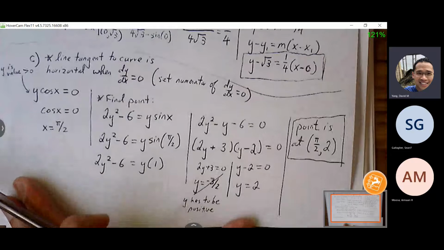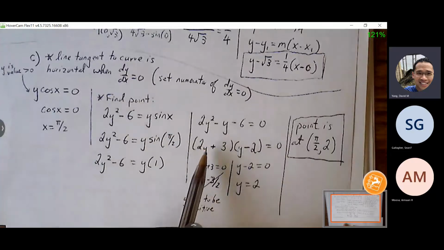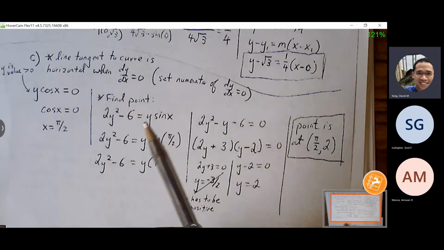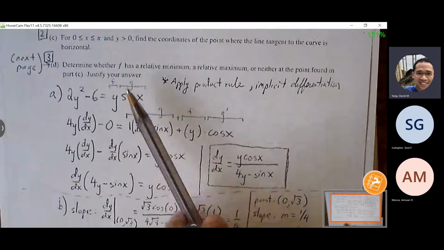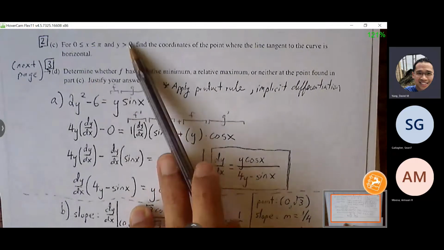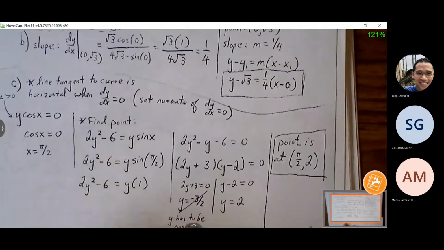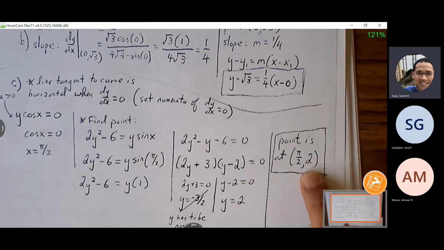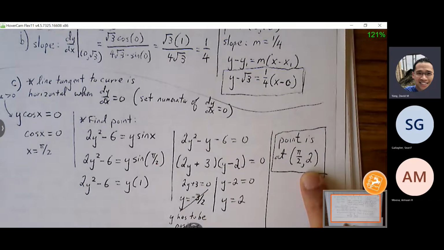We get two different y values here, because if I factor this out, I get 2y plus 3 times y minus 2. I get y equals 2 and y equals negative 3/2. But for part C, they tell us that y is greater than 0. So we're only going to keep 2. Okay, we found the coordinates, ordered pair, pi over 2, 2.